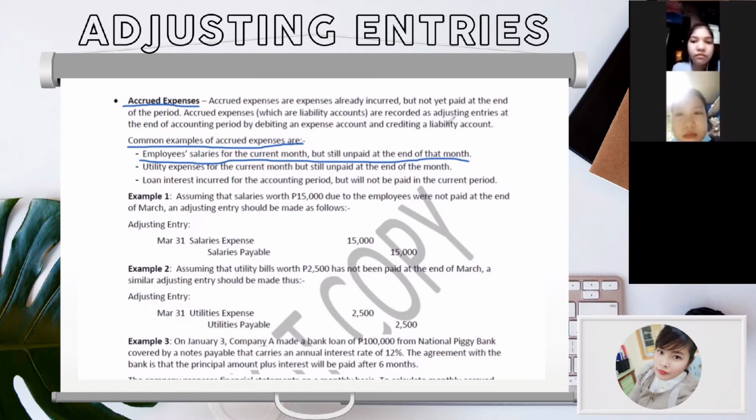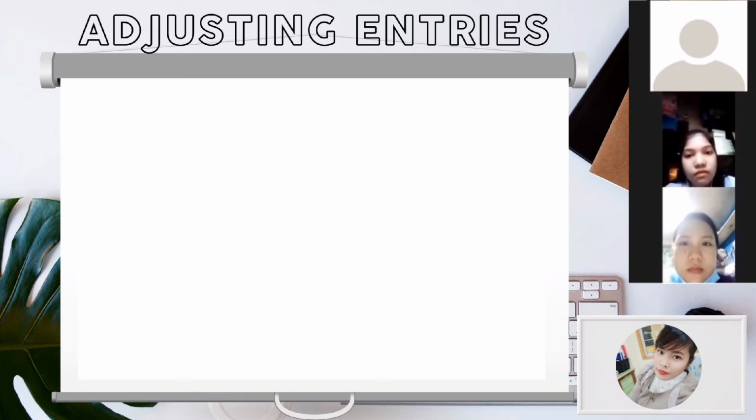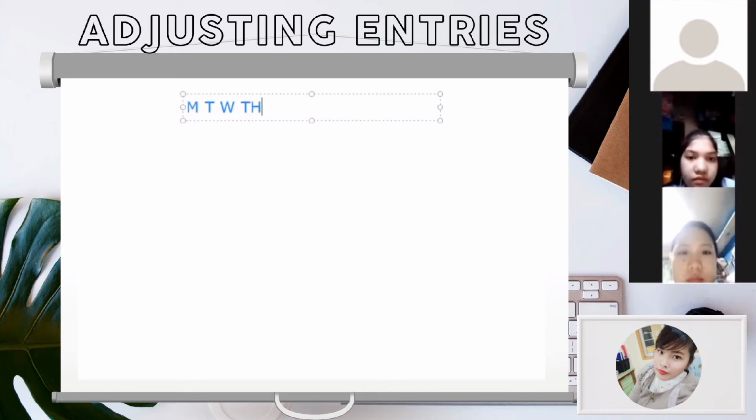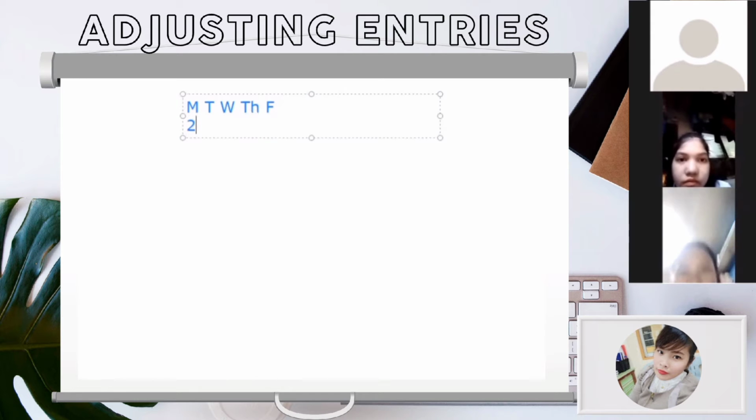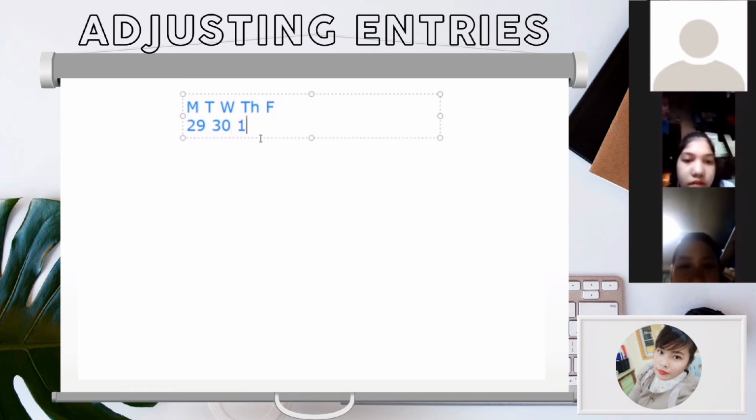'Di ba? So for example, ang nangyari, kunwari ang kalendaryo natin is, di ba meron tayong Monday, Tuesday, Wednesday, right? Thursday, and then Friday, di ba? So, tumapat na 29 to, 30 to, tapos yung Wednesday is 1 na.